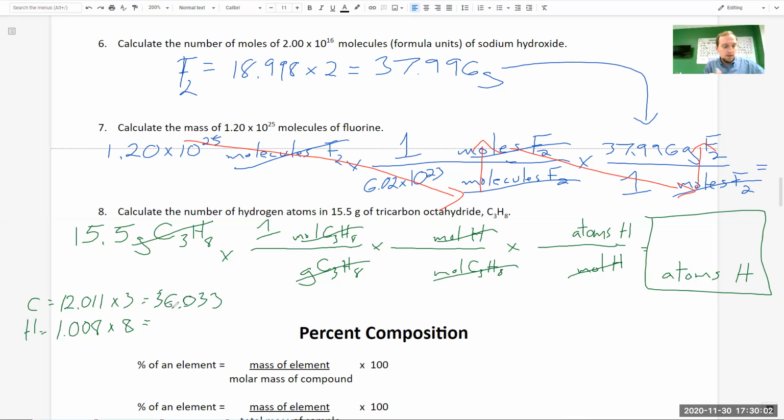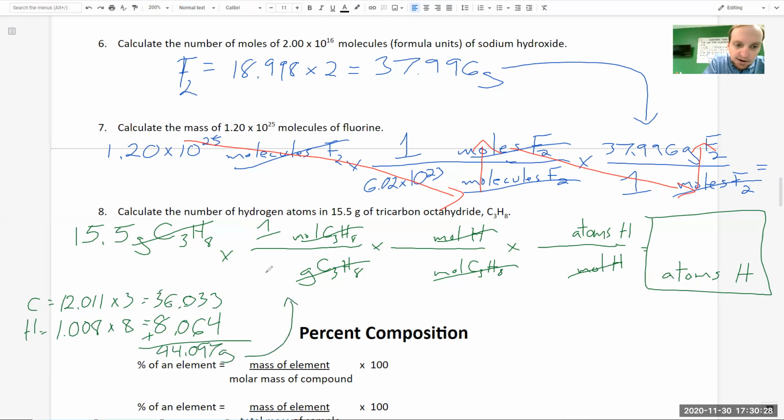Not sure why. And then we have 1.008 times 8 equals 8.064. I'm going to add those together because that's what molar mass is. 36.033 plus 8.064 equals 44.097 grams.